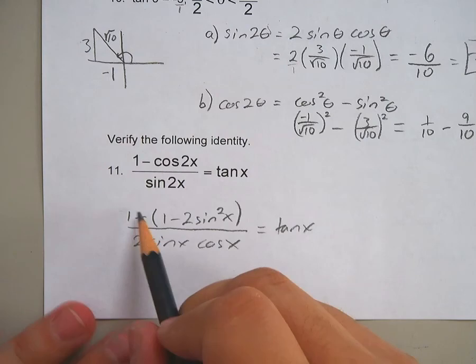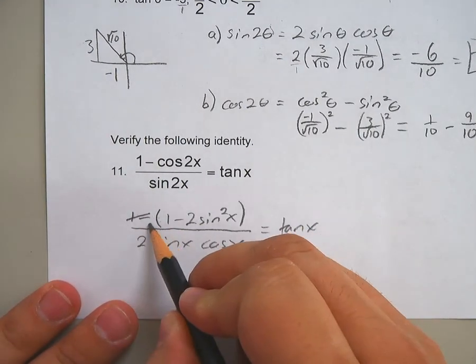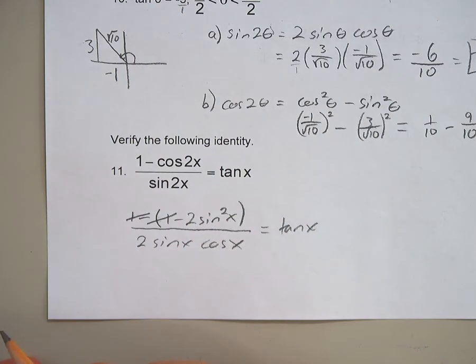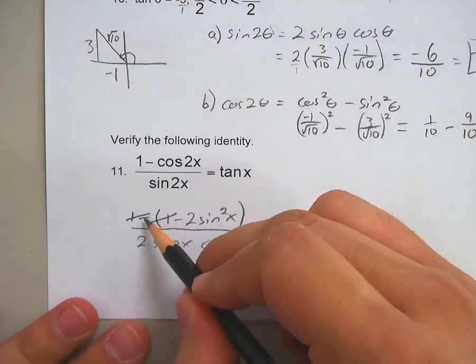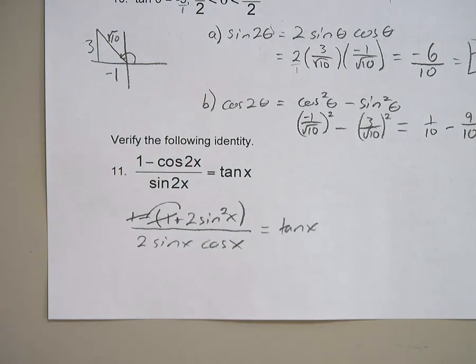On the top we've got a 1 minus 1. Well, that's handy. 1 minus 1, right? Now this negative would also make this a positive 2 sine squared x. Don't forget to distribute your negative.